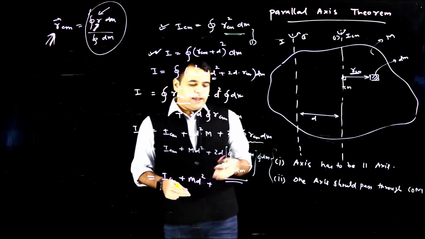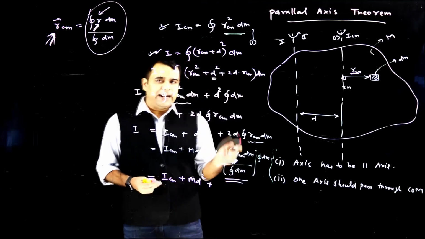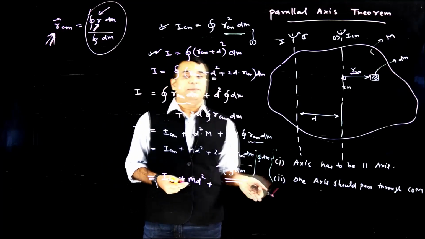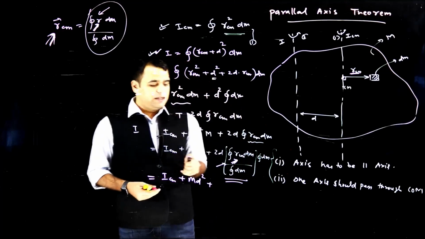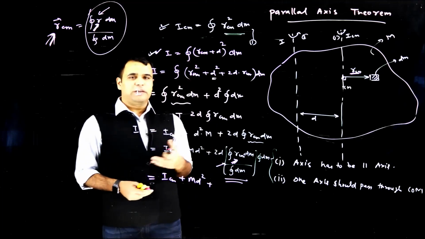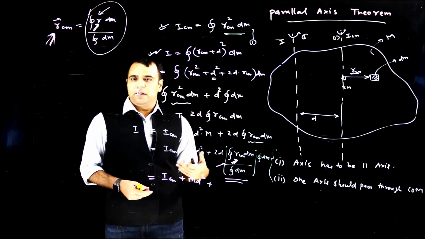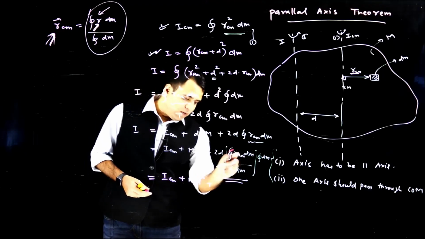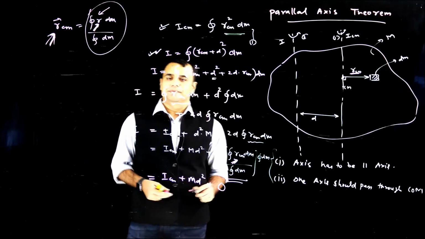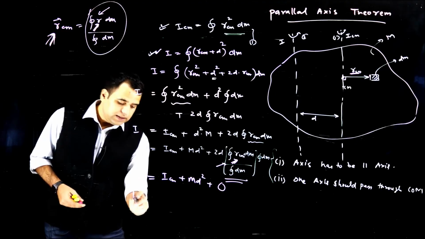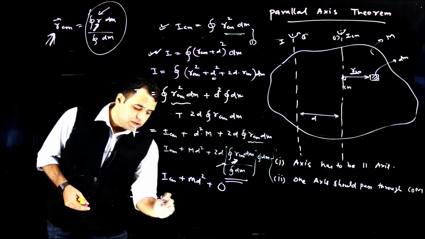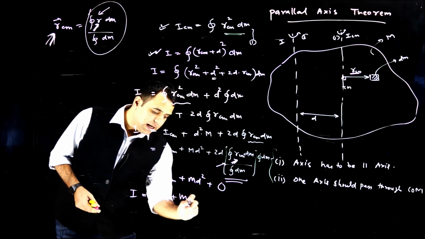Okay. So we'll be getting the position vector of the center of mass with respect to the center of mass itself. And the position vector of anything with respect to itself is going to be 0. So this whole value will convert into 0. And because of that, this I will be equal to I_CM plus M d squared.